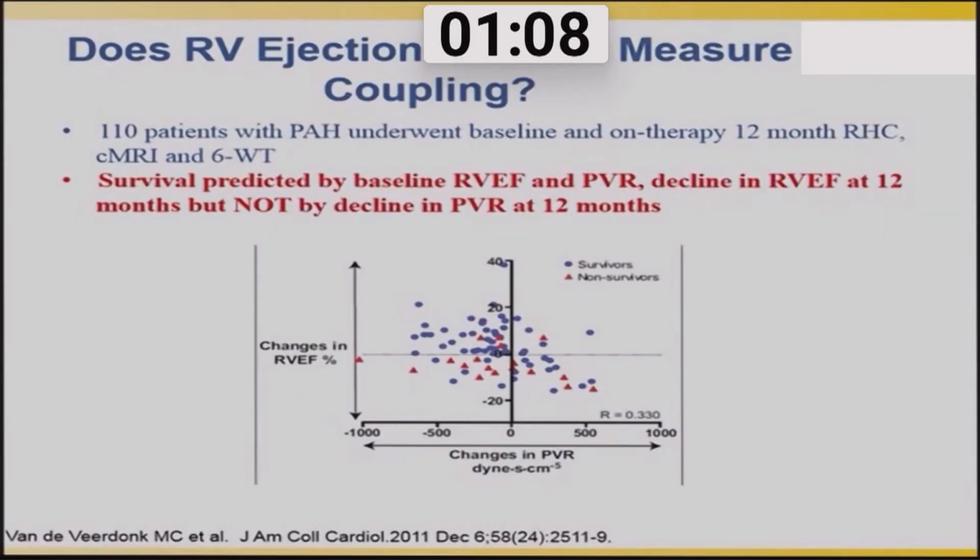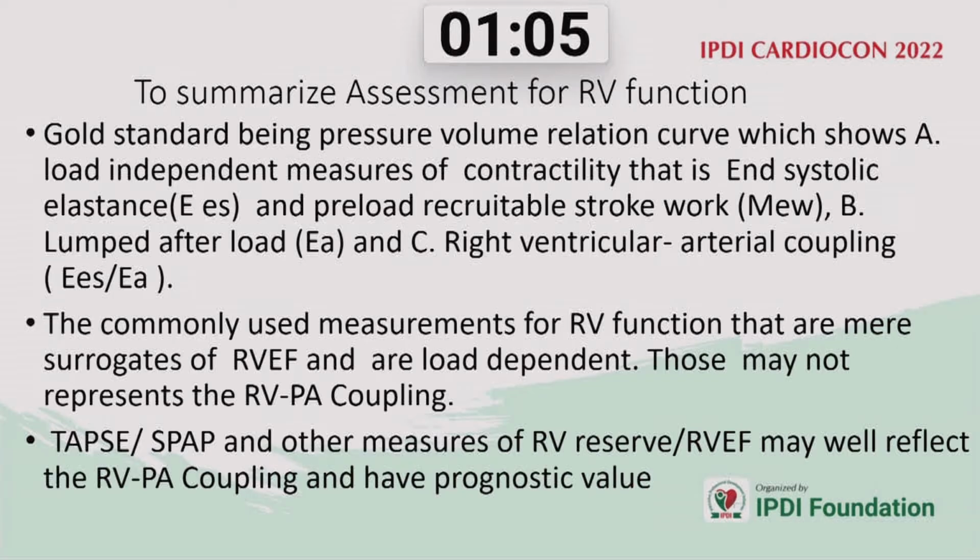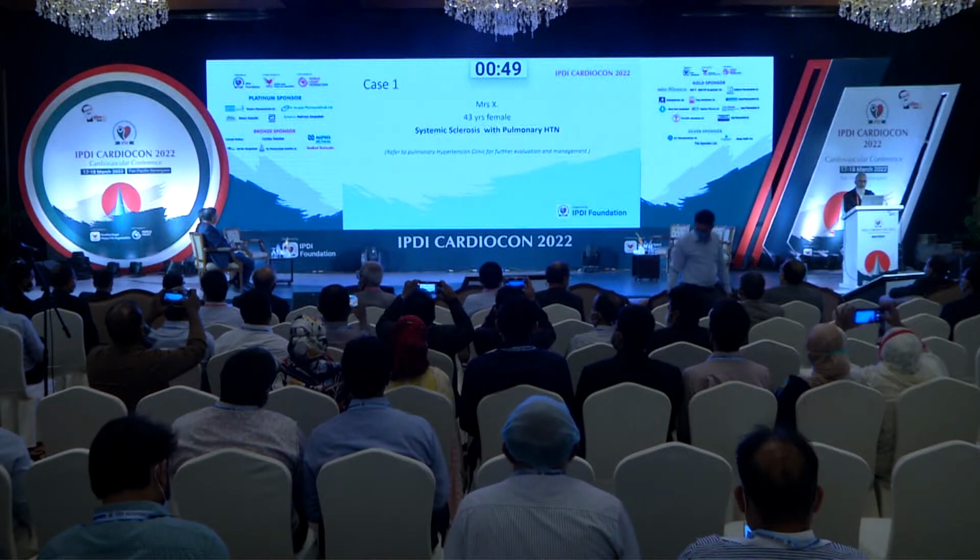The right ventricular ejection fraction as measured by three-dimensional echo also shows some coupling. So to summarize, the pressure volume curve is important to know the RV function, and TAPSE by PASP or right ventricular function are important prognostic factors.